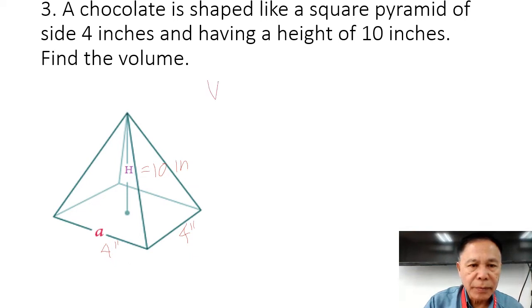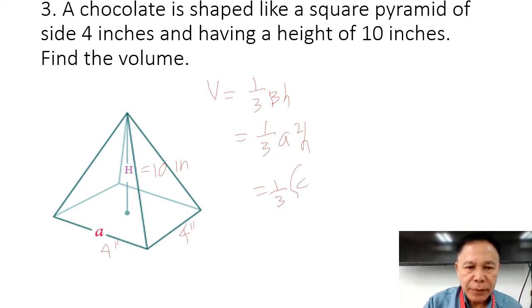Volume equals 1/3 base times height, or 1/3 a squared times the height, equivalent to 1/3 times 4 squared times 10. So you have 53.3 inches cubed.